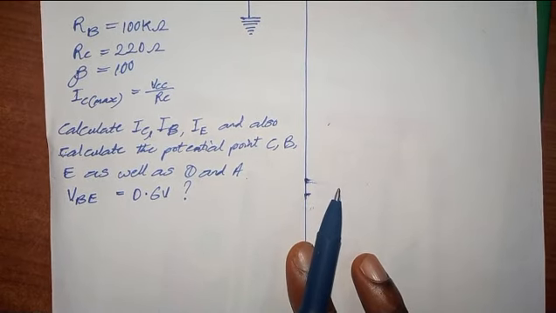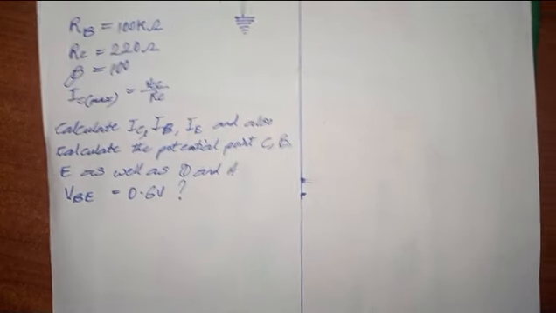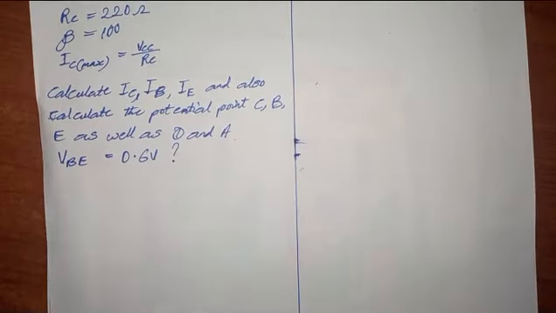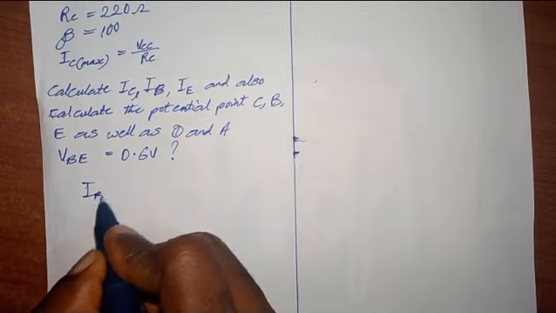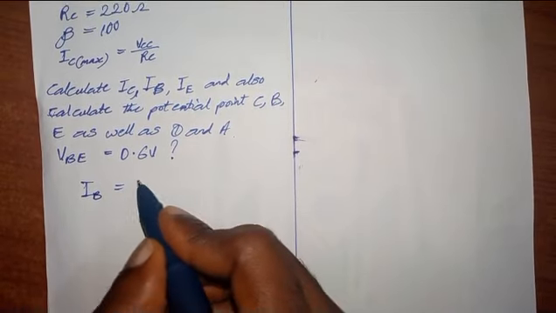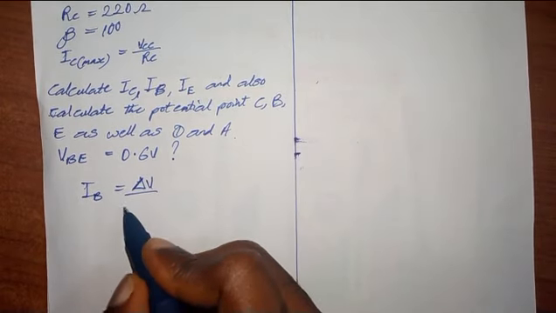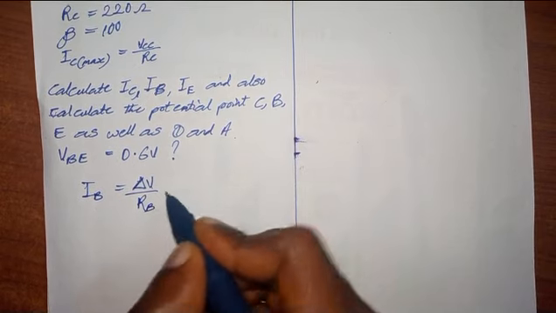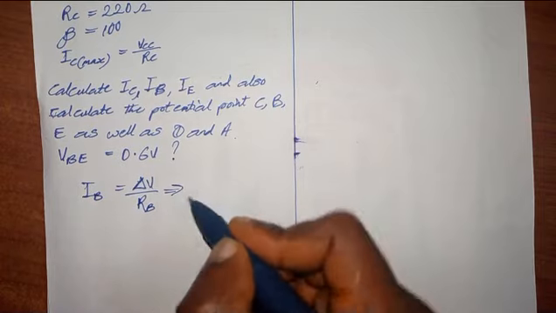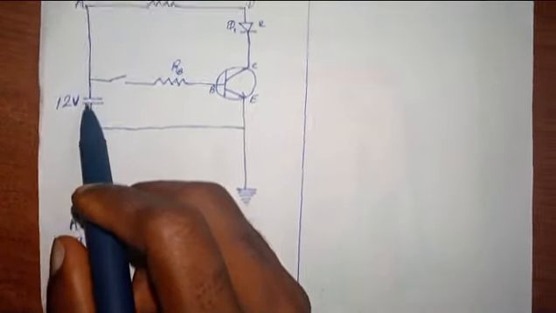First of all, we will solve for the current flowing through IB. This is the formula to solve that: IB is equal to the change in voltage all over RB, which is the supply voltage here.